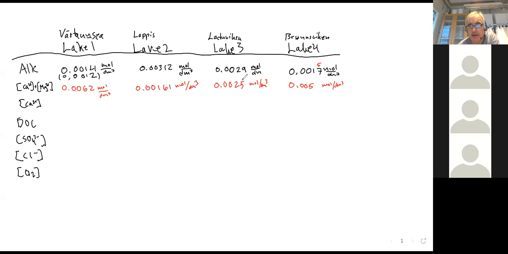Here it's actually 25, since it is 2+ ions, then it's more worth than 0.0029 of 1 minus ions. So here are more metal ions, but not as much more as in Lake 1. And in Lake 4, you have a similar situation as in Lake 1. Yes, that's okay. We continue.